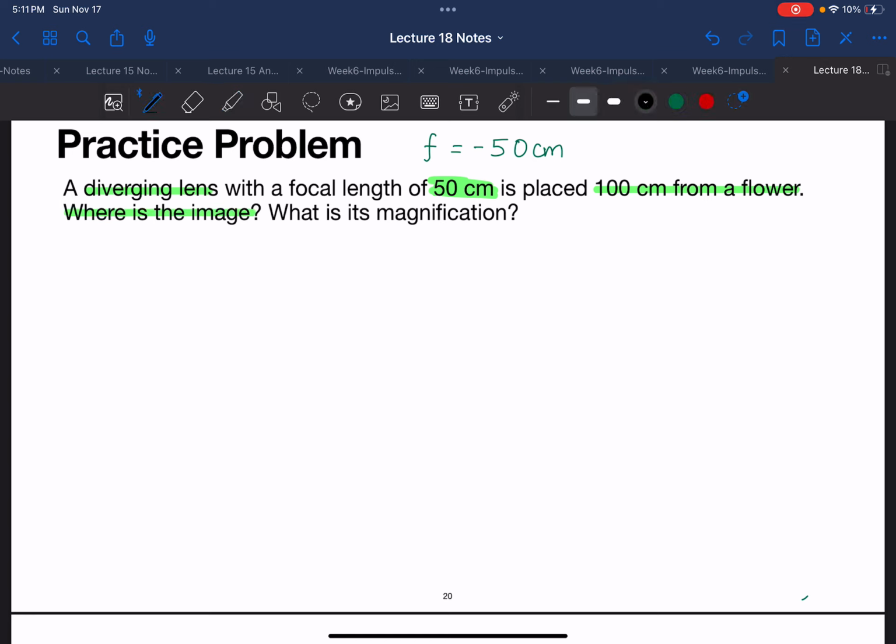So we would like to find d_i. We're told that the object distance is 100 centimeters, and we know the focal length. So we'll go ahead and use our equation: 1 over the focal length is equal to 1 over the distance to the object plus 1 over the image distance.